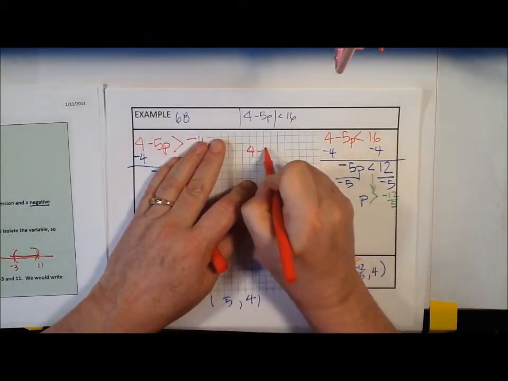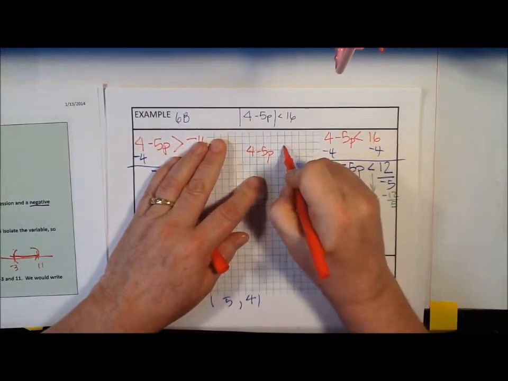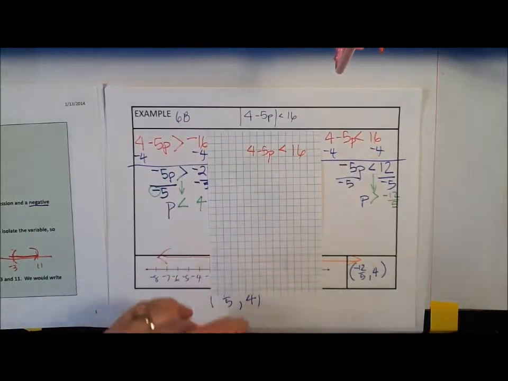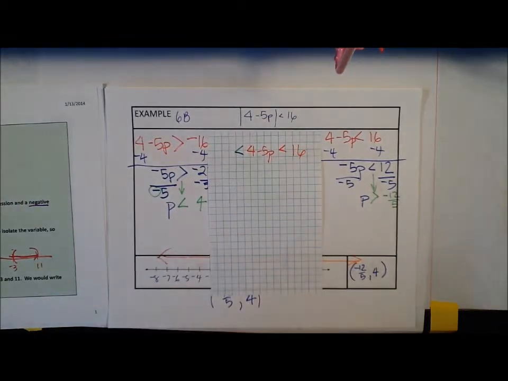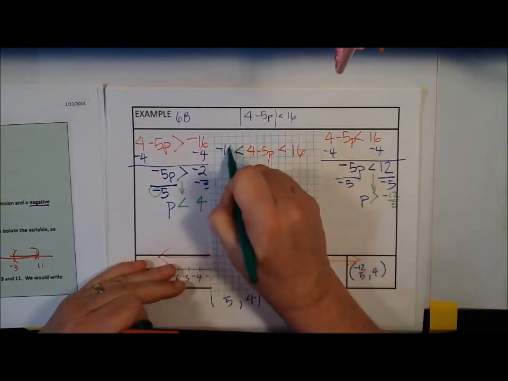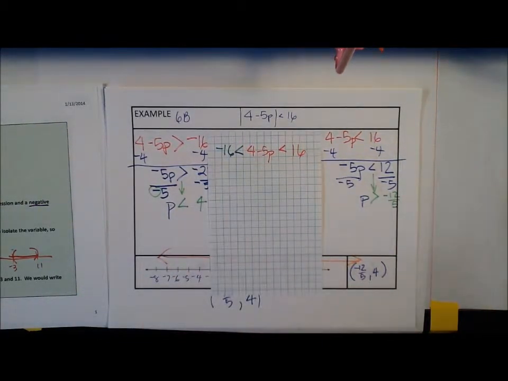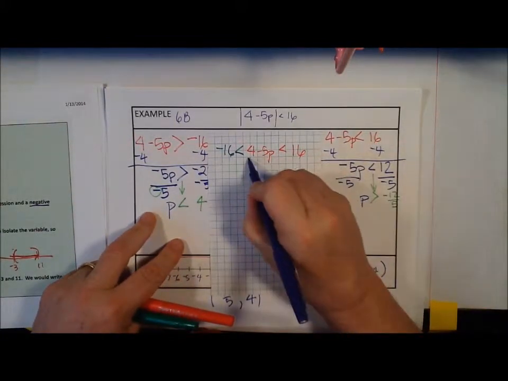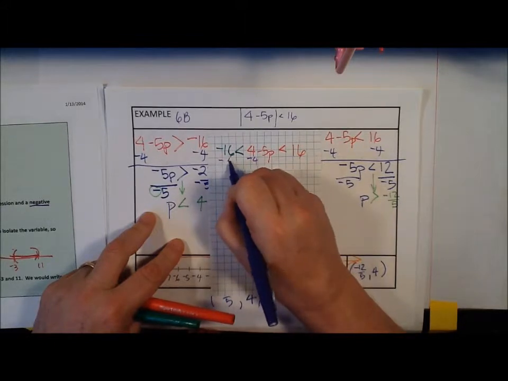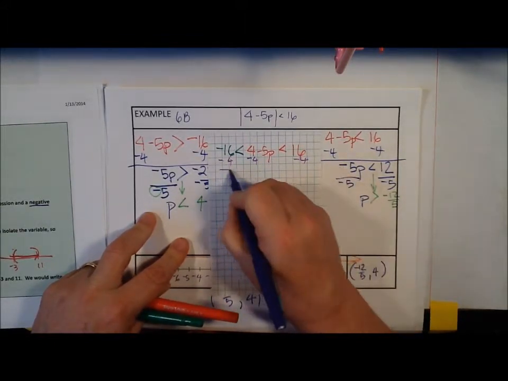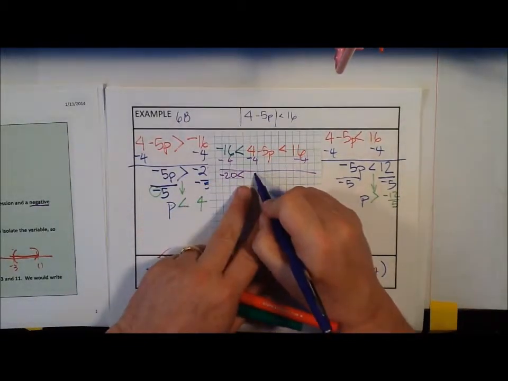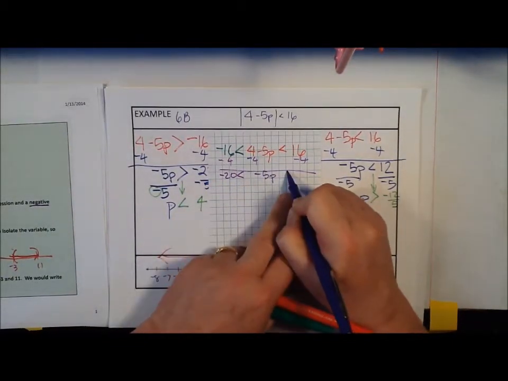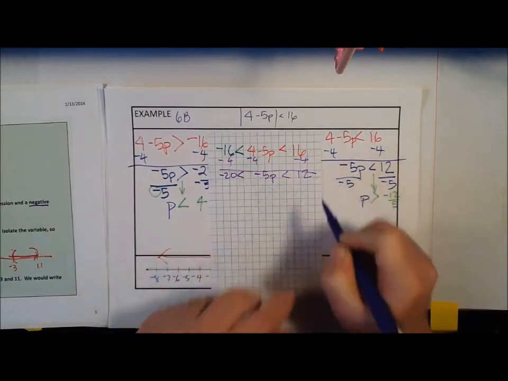I have 4 minus 5p is less than 16, and I get to have another less than symbol, and then I have the opposite, negative 16. Now I'm going to isolate the variable. I'm going to subtract 4 from each of the three sections, and I'll end up with negative 20 is less than negative 5p is less than 12.